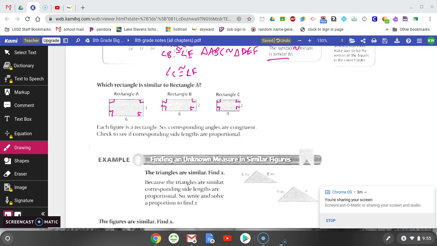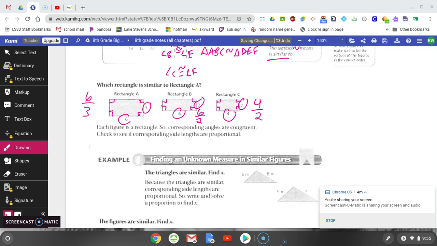But now we need to see if there's a proportion that is the same between our two side lengths. So if I compare the bottom side length to the side length, it becomes 6/3. If I compare this bottom to this side, it becomes 6/2. If I compare this bottom to this side, it becomes 4/2.